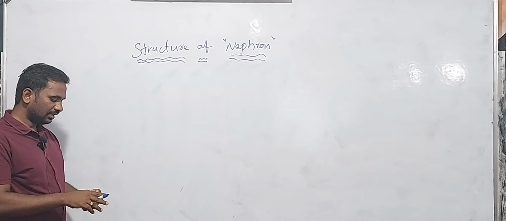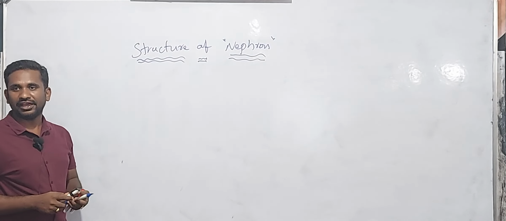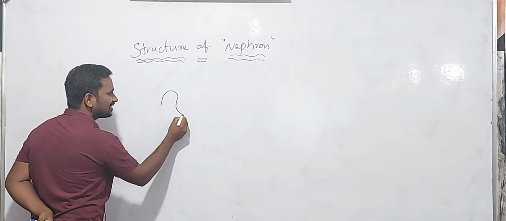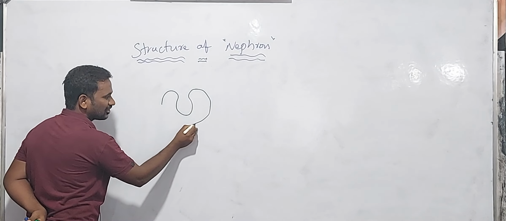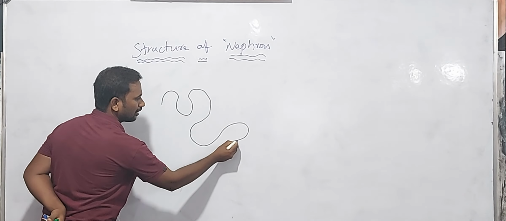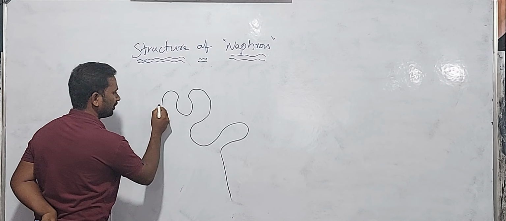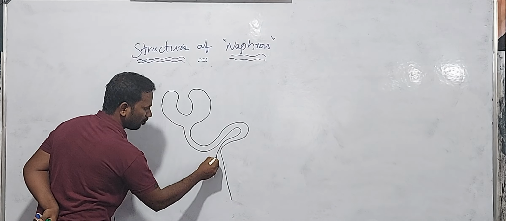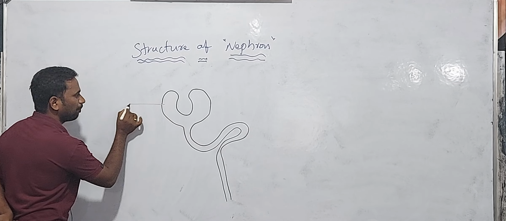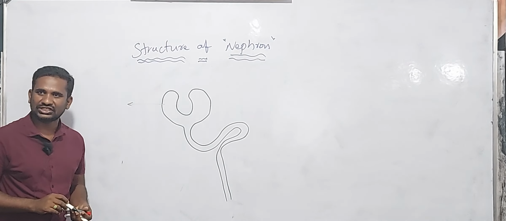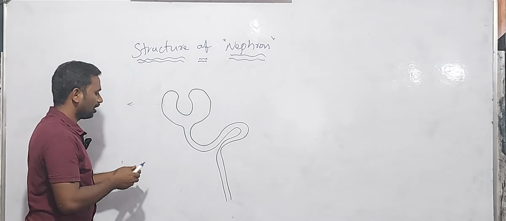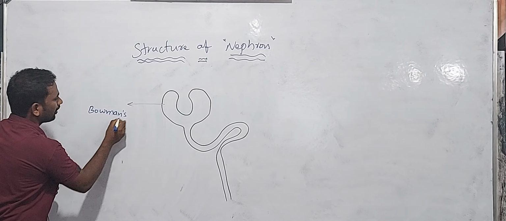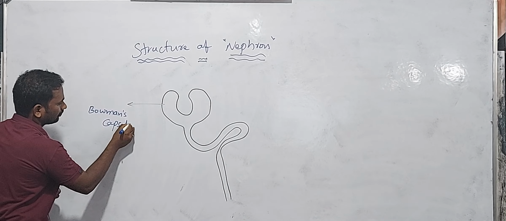If you observe the structure of the nephron, in the first region we can observe a distinct blind cup-like shape. This cup-like shape or structure is known as the Bowman's capsule.